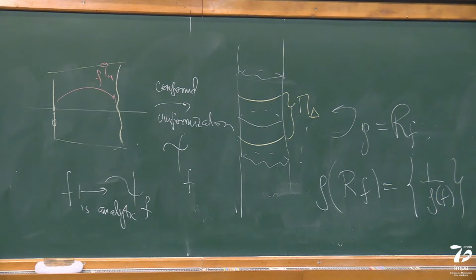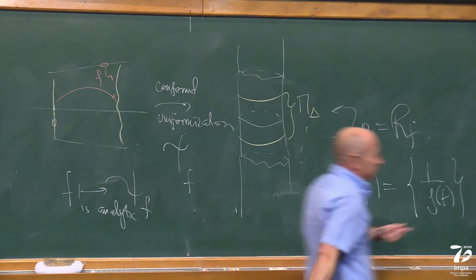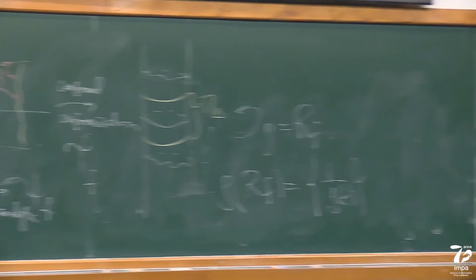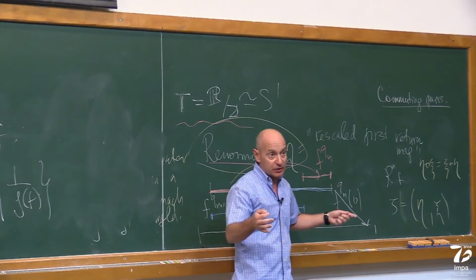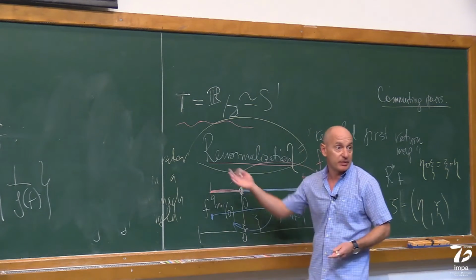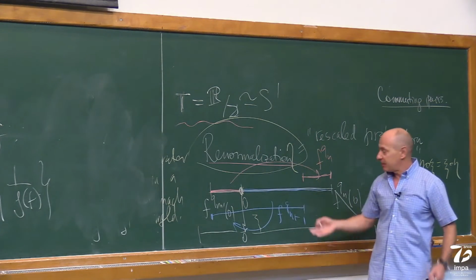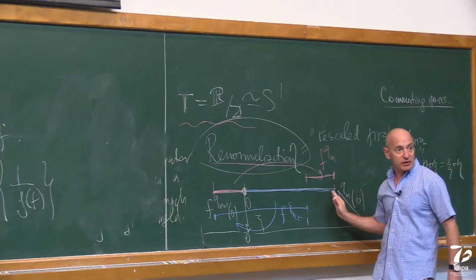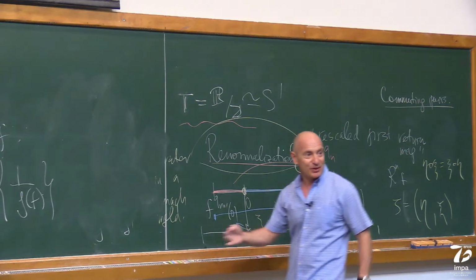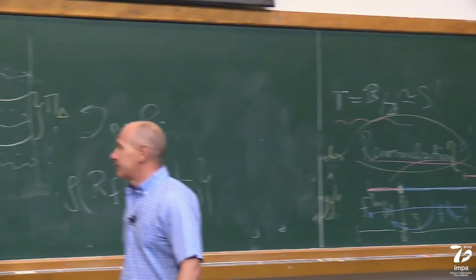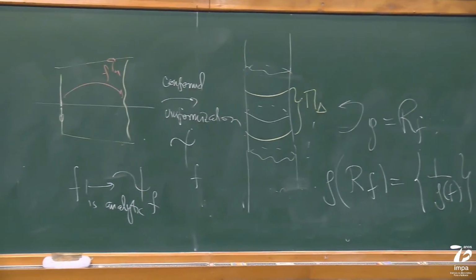I think I understand your question. If you take some other interval, like some other first return interval in the orbit, you'll get something else. But I'm taking the interval which corresponds to the q_nth return. Is that what you meant? Yeah. Okay, so for this specific construction, that's what you get.